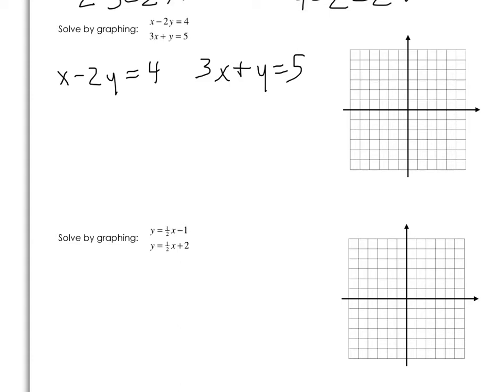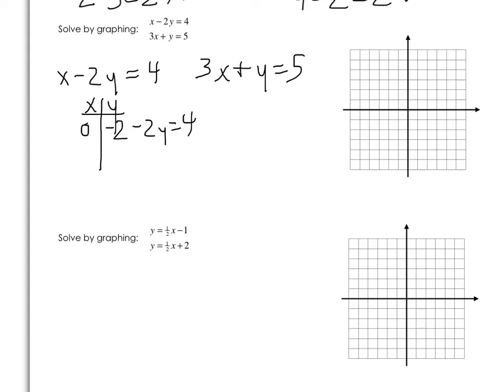They're both written in general form, and when lines are written in general form, I like to graph them using the x- and y-intercepts. If x is 0, that gives us negative 2y equals 4, so y is negative 2.